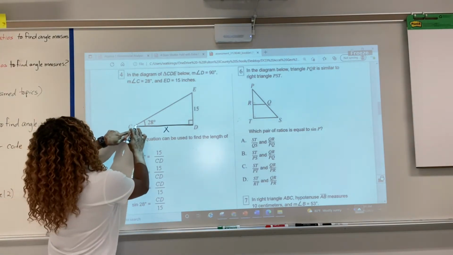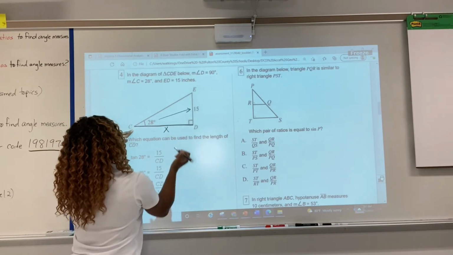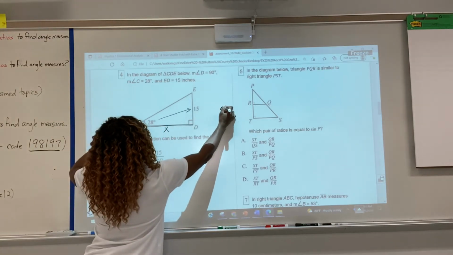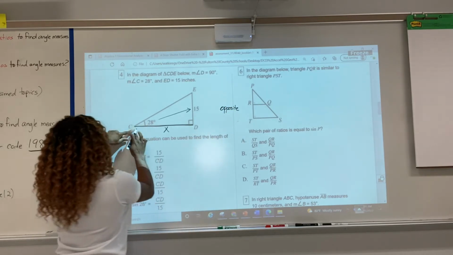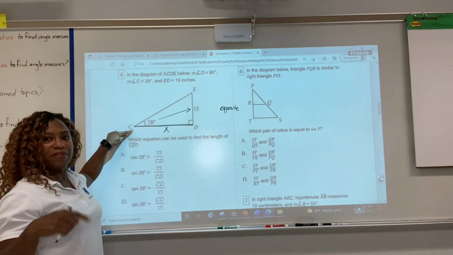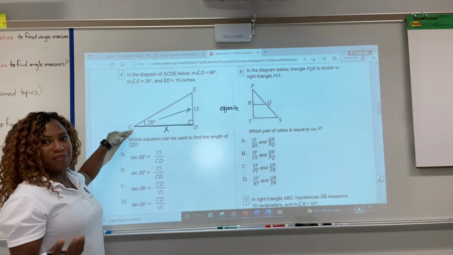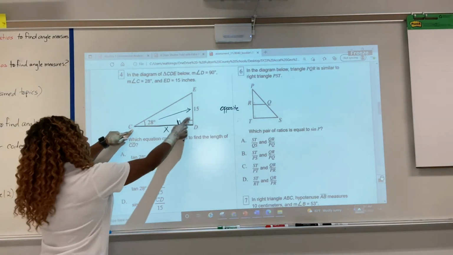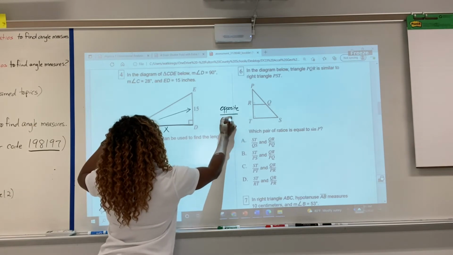From angle C's perspective, I have something directly across from it, so I have an opposite side, and I have this adjacent side. I don't know what it is, but I've already put in a variable as a placeholder for the actual value. So I have opposite and I have adjacent, and I'm going to use that information.